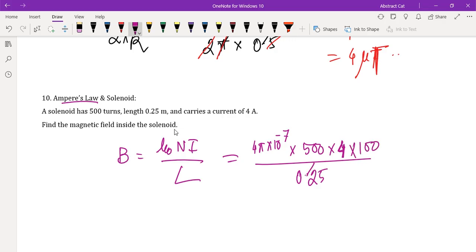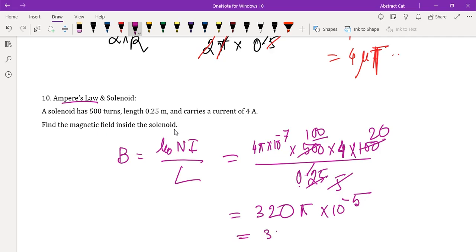So 100 by 25, 5 100, 5 here, that is 20, 20 times 4 is 80, 80 into 4 is 320. 320 pi into 10 to the power minus 5.